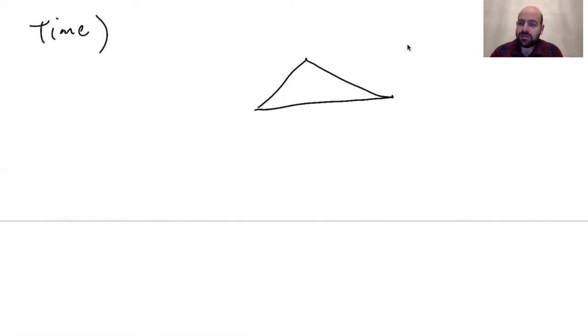So the only possibility that is left, if I have no disjoint edges and not two edges in common, is to have one edge in common. So that's the only case left to consider to find the upper bound for the covariance term.